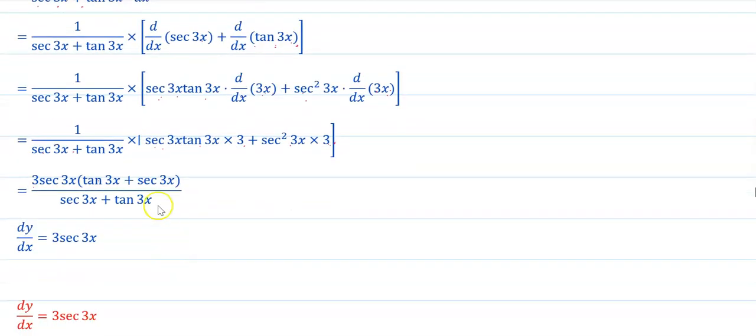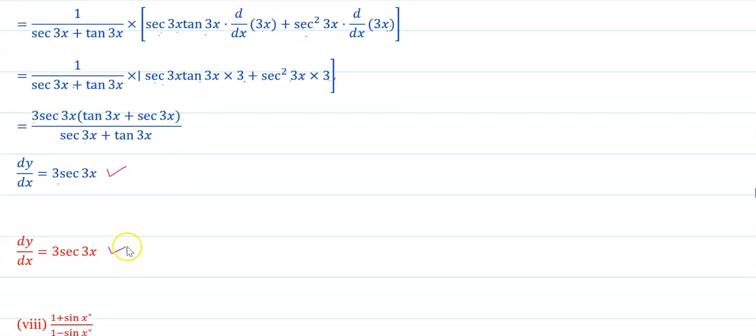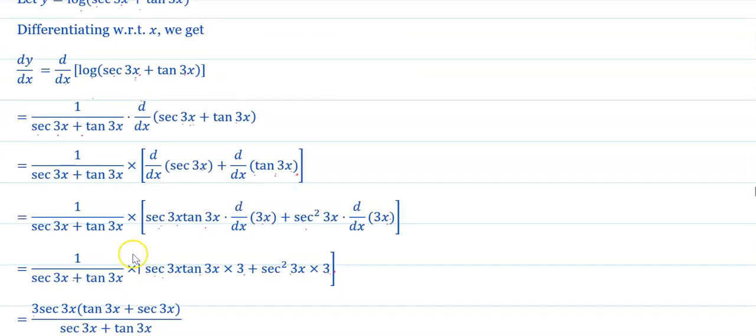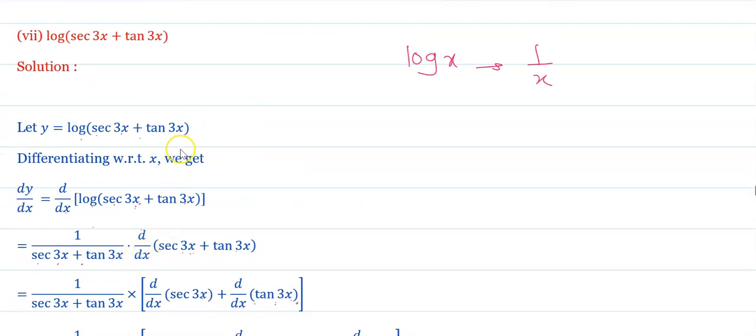Okay. आता पुढे काय की tan of 3x plus sec of 3x to the numerator and the denominator get cancelled, and you will get 3 sec of 3x, and hence it's a derivative. dy by dx is equals to 3 sec of 3x. Okay, and in this way we have completed.